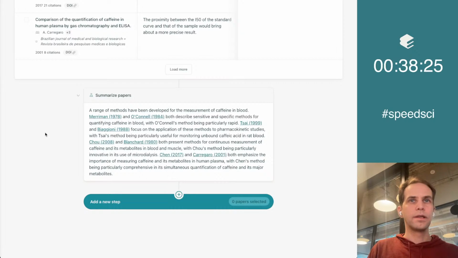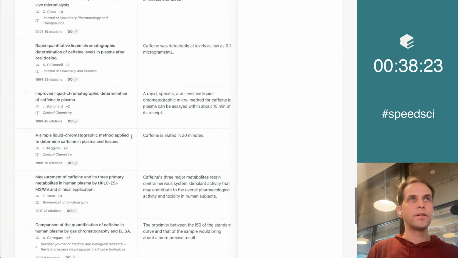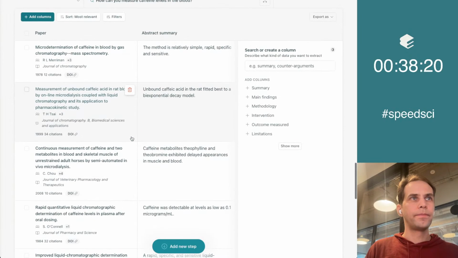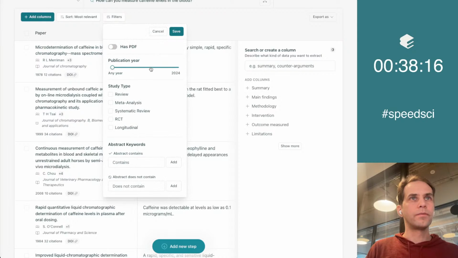Okay, first, I think that's maybe a bit too high level, and second, I think I do want to filter to somewhat newer publications, let's say in the last 25 years.